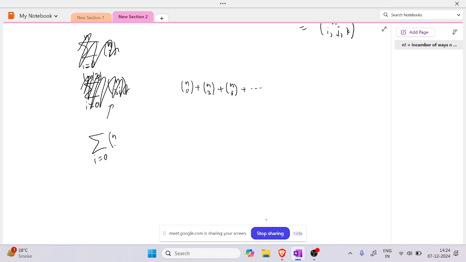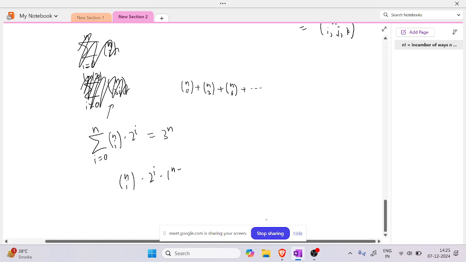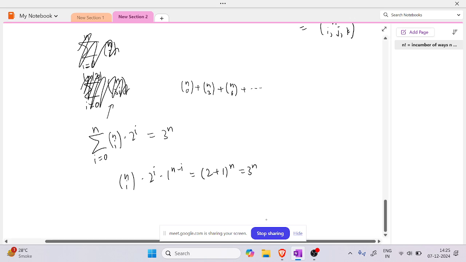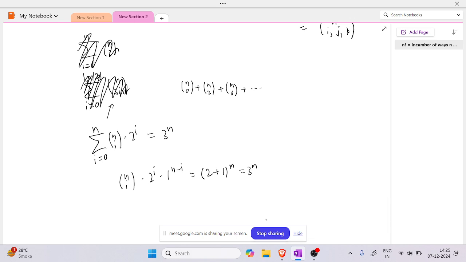Like stuff like, let's say, nCi times 2 to the i. That's just 3 to the n, because you can treat this as nCi times 2 to the i times 1 to the n minus i, and you can write that as 2 plus 1 to the n. So in a competitive programming context, binomial theorem does come up very rarely, but it is slightly useful sometimes.